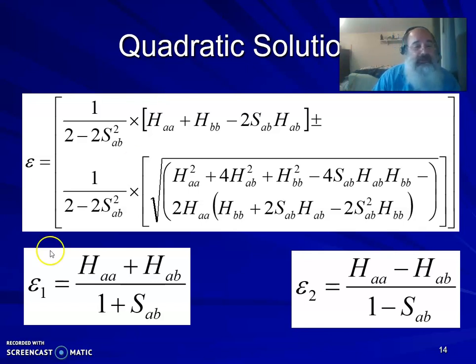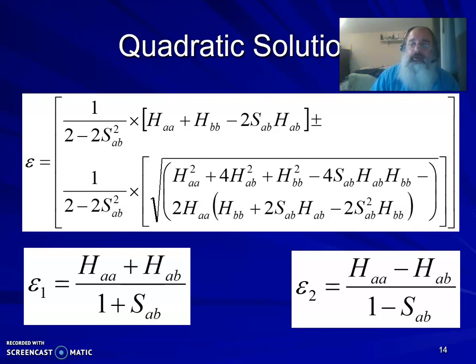Now, if we substitute these back into the secular equations, and you guys can try this on your own, we're going to find that if we use E1, we get Ca equal to positive Cb, and if we use E2, we get Ca equal to negative Cb. And like I said, these are the bonding and the anti-bonding orbitals, and they come from adding and from subtracting the original atomic orbitals.